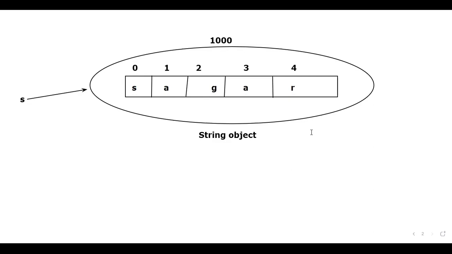Now when you are creating a string, internally it would be stored like this, like a string object, and the variable S will be pointing to it. Again guys, in detail with respect to the memory and in detail with respect to variables, types of variables, everything I'm going to explain. It all depends on the time.